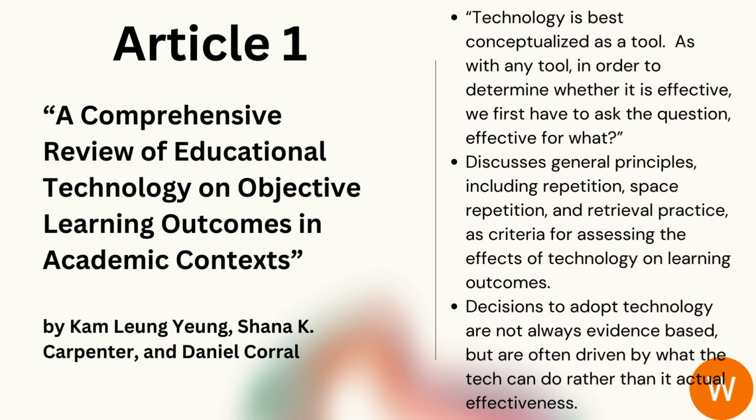Young also discusses general principles of teaching content, including repetition, spaced repetition, and retrieval practice as criteria for assessing the effects of technology on learning outcomes. The article also brings out that decisions to adopt technology are not always evidence-based, but are often driven by what the tech can do rather than its actual effectiveness.